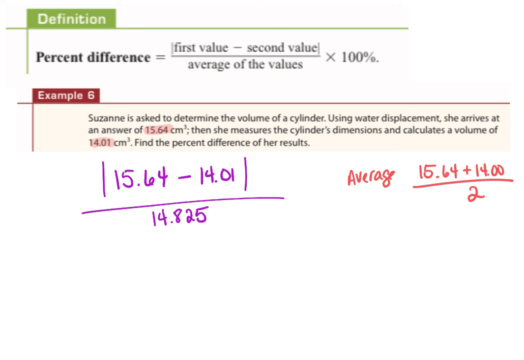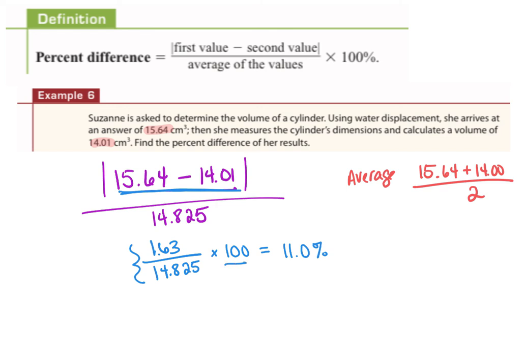If I subtract these two, I get 1.63, divided by 14.825, and I am going to multiply that by 100 once I get that answer, and you should get approximately, when you round, 11%. So in your calculators, you're going to divide these two and then multiply by 100. The key is that you know how to find an average. The average of two numbers is just add them and divide by 2.